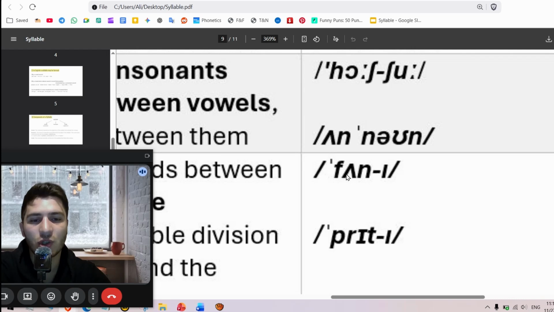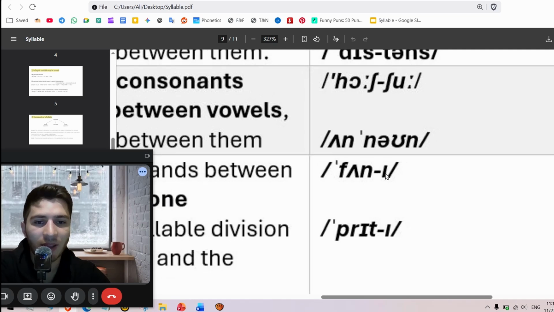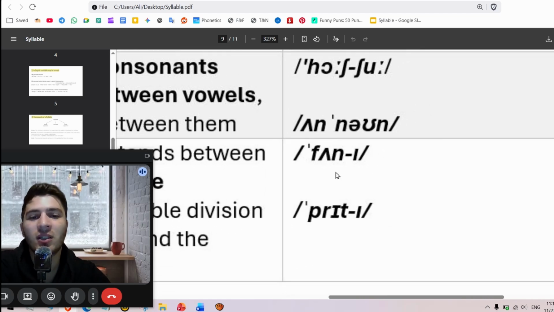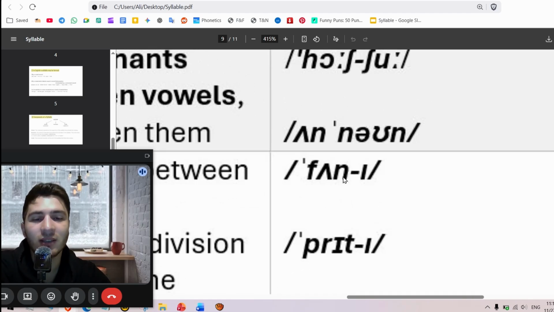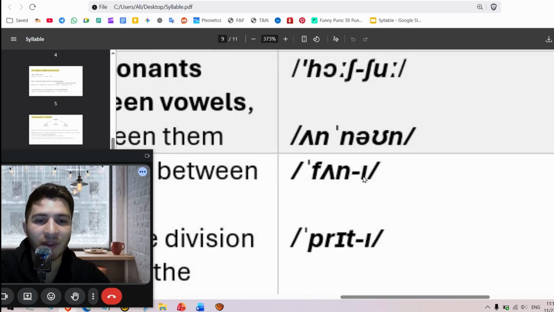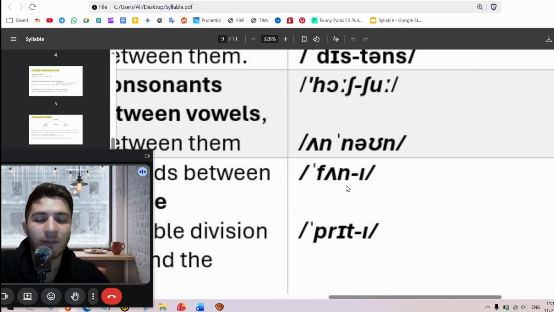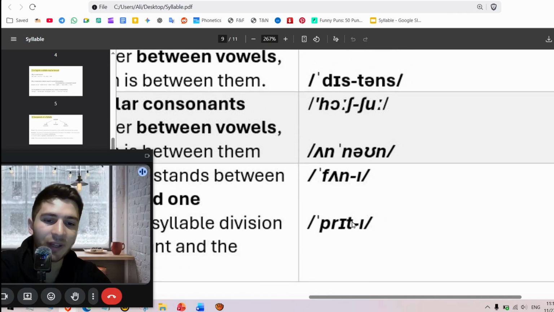It is a short vowel, and we can see short e, and it is unstressed, and our consonant n is standing between them, right? So in this case, our syllable division is going to be between this consonant and unstressed vowel. That's why we divide it into syllables like fun-e or pretty.